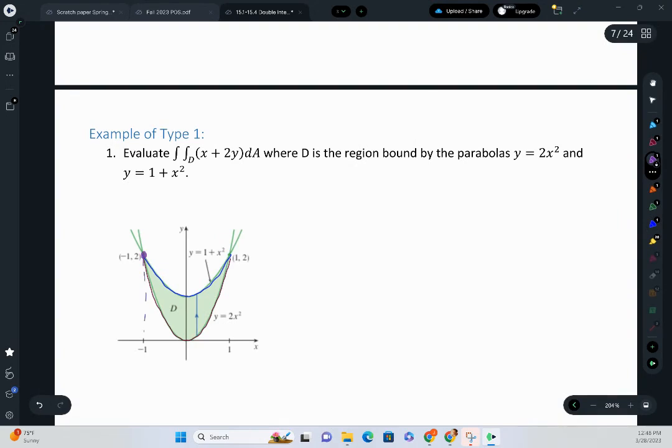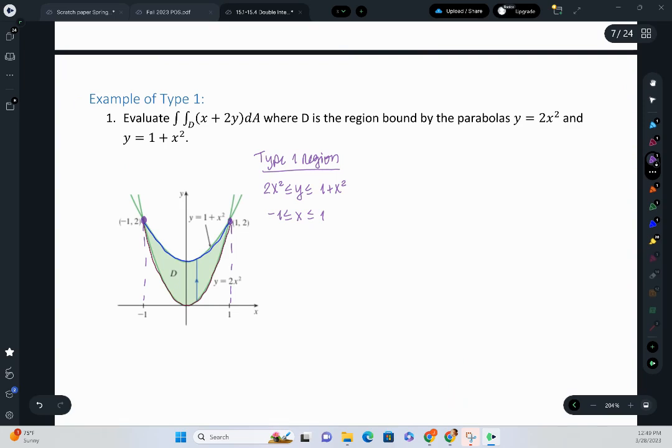I've got x starting at -1 and x going up to +1. So I can write out my type 1 region, and it's showing that the lower bound of y is 2x squared and the upper bound is 1 plus x squared, while x is going between -1 and 1.